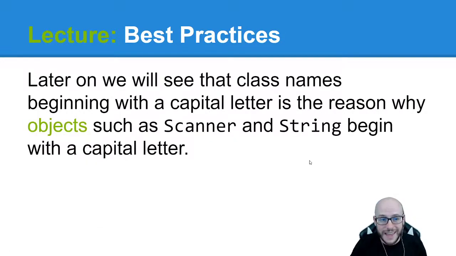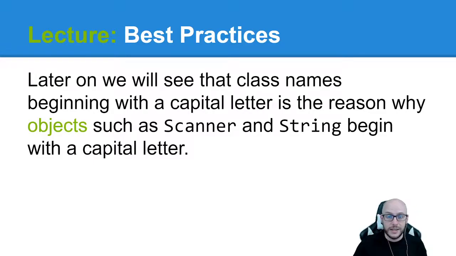Later on, we'll see that class names beginning with a capital letter is the reason why objects such as Scanner and String begin with a capital letter. When we make our Scanner objects, when we make our String objects or variables, we're using capital S on Scanner and capital S on String. Ultimately, there's a class within Java called Scanner, and a class in Java called String.